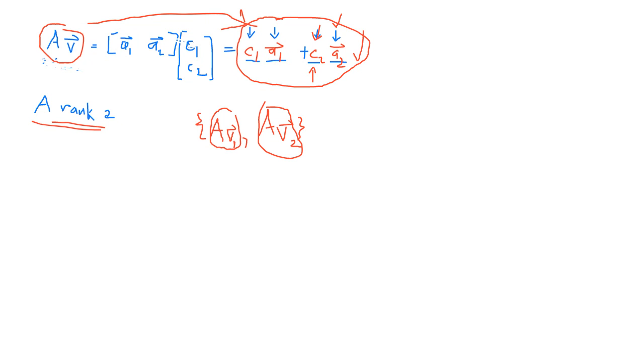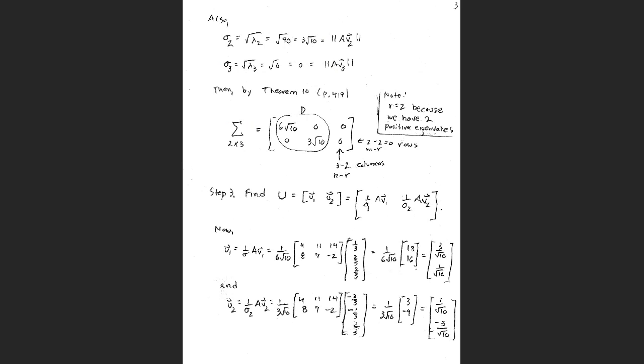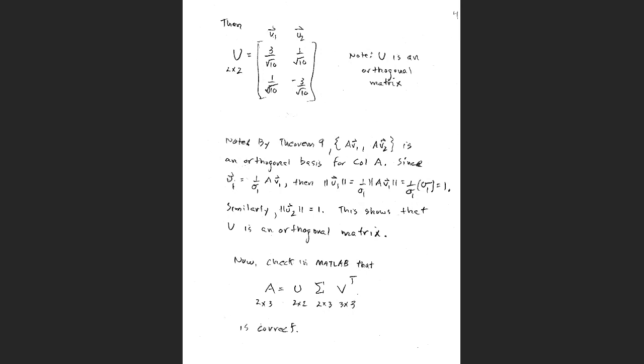And that's why, if I go back to our example, once we have u1 and u2, we're ready to construct the matrix U. And it's an orthogonal matrix as well.